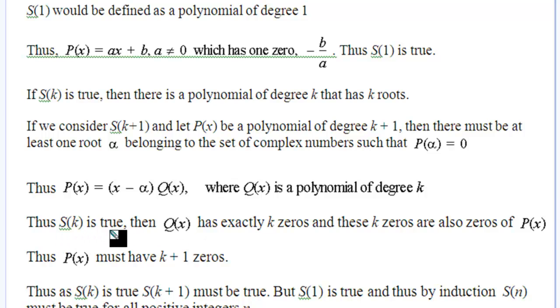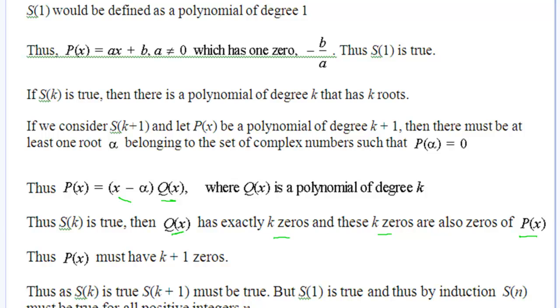We assumed that q(x) had k zeros, and thus these k zeros must also be zeros of p(x). So because we have 1 plus k zeros, p(x) must have k plus 1 zeros. So Sk is true implies Sk plus 1 is true, and S1 is true, so by induction S2 must be true, then S3 must be true, and so on. So there's a proof by induction of that statement.